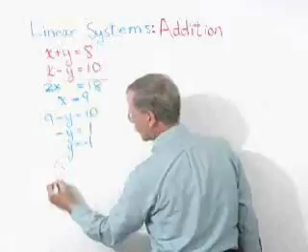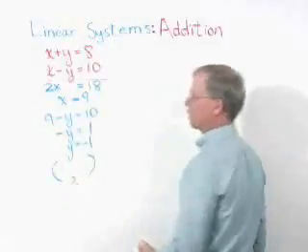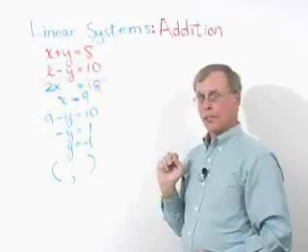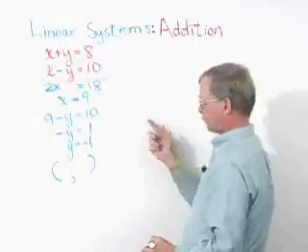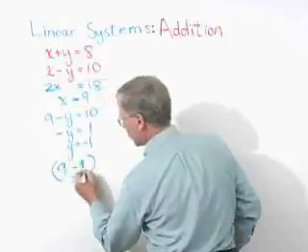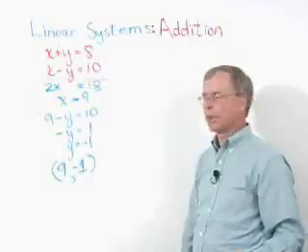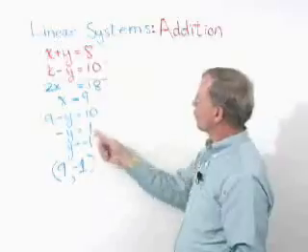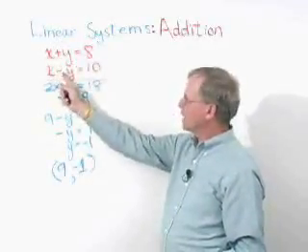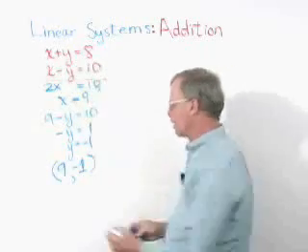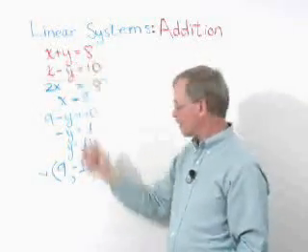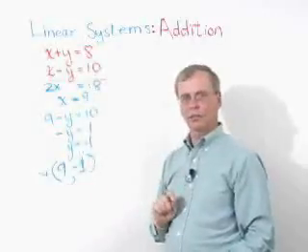That tells us that the two lines that we would get from graphing these two equations do indeed intersect, and they intersect at the point 9, negative 1. And if we went back and checked those, we'd find out that 9 plus negative 1 is 8, and 9 minus negative 1 is 10, and so they would indeed also check. This system is consistent, and here is the single answer.